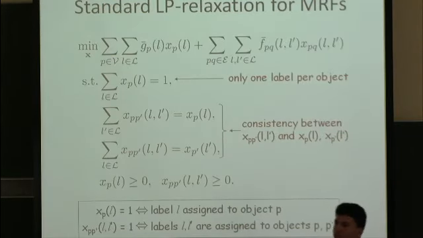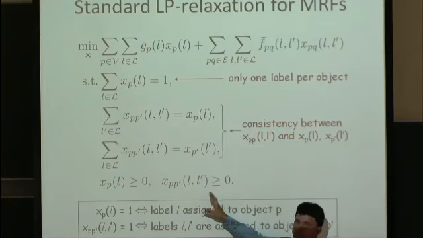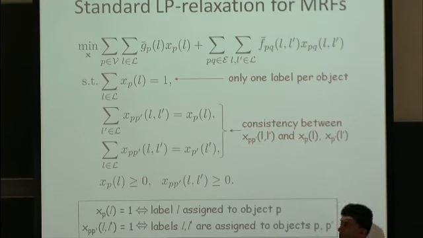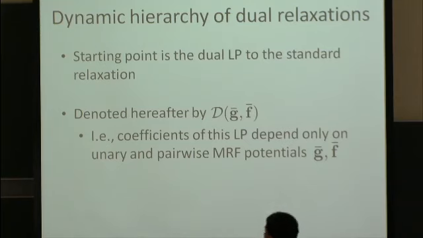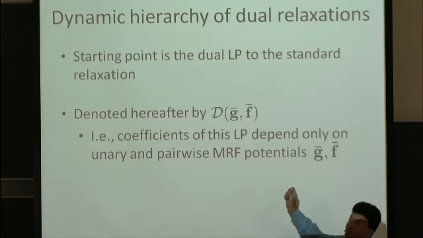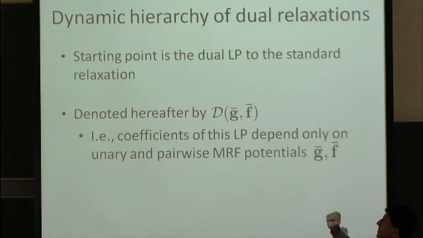How can I get tighter relaxations? Again, I'm going to go back to my original graphical model. I'm going to approximate it with the standard LP. This is the same formula as before. I didn't change anything. Now, I'm going to define a series of dual relaxations. Let's assume that G bar corresponds to my singleton potentials, and F bar corresponds to my pairwise potentials. This is what defines the relaxation, the potentials themselves.